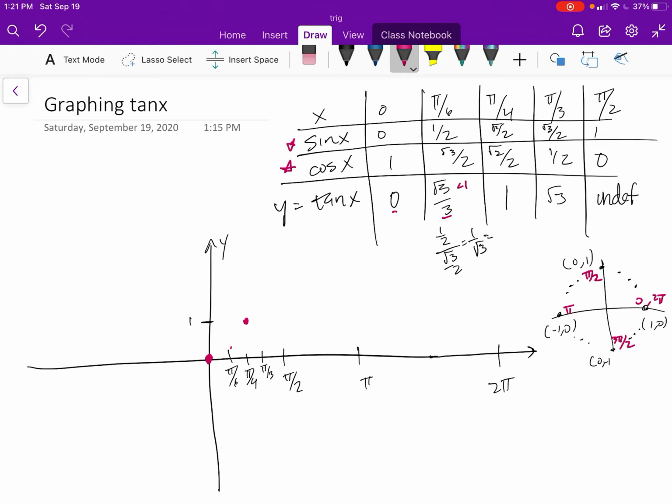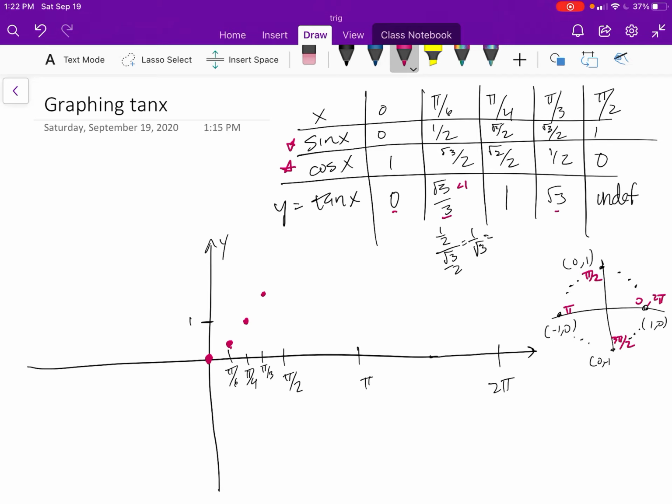I'm not going to get a perfect value, and I don't really care for the purpose of this video. It's somewhere right there, and you'll see in the big scope of things it doesn't matter. But square root of 3 is greater than 1, because square root of 1 is 1 and square root of 4 is 2. It's somewhere in between, somewhere up here. And then at pi over 2 we get undefined.